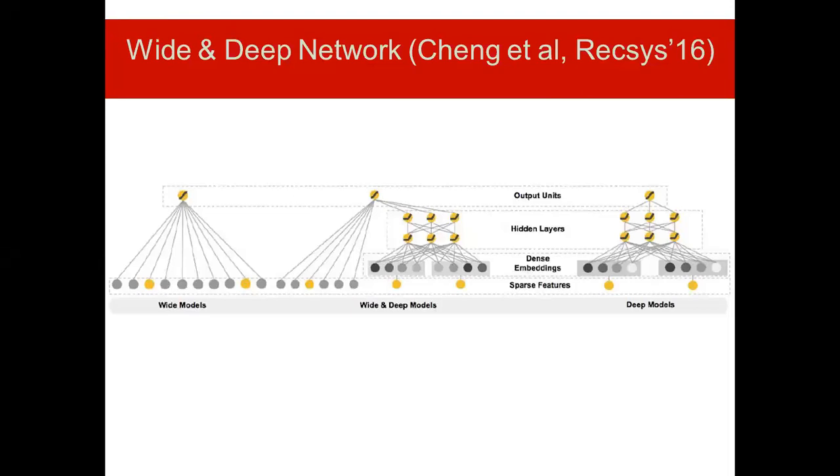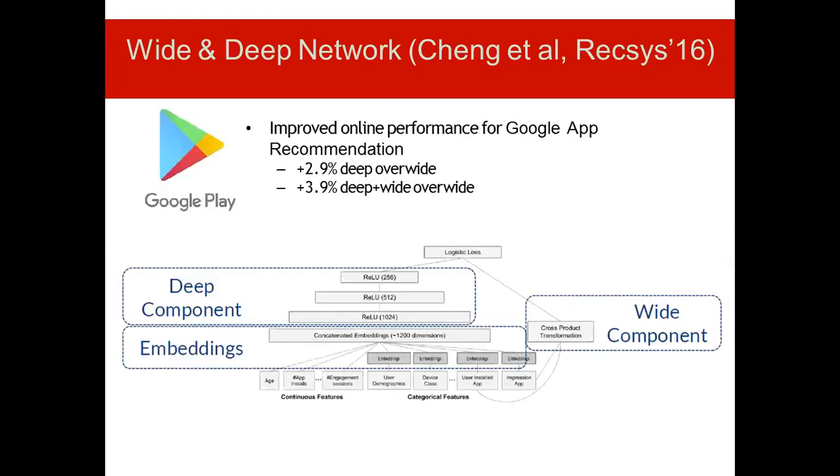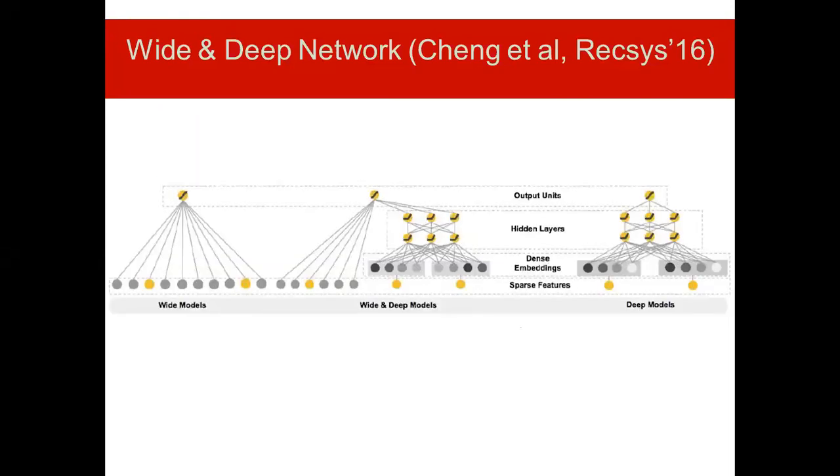So this work is called the wide and deep network, proposed by Google for their Google app recommendations. You can view traditional machine learning models as wide models, which means they have a lot of features, but you usually just have one layer of transformations.